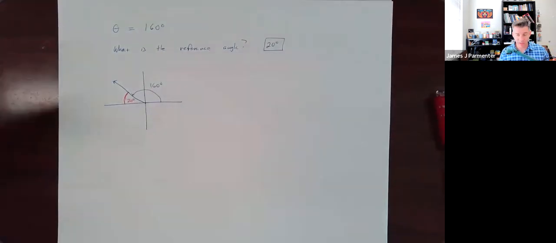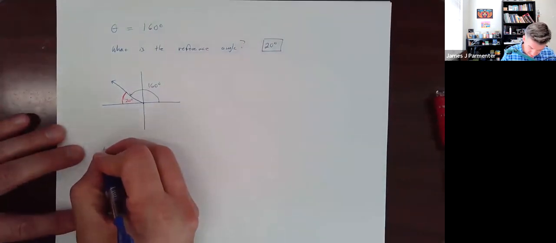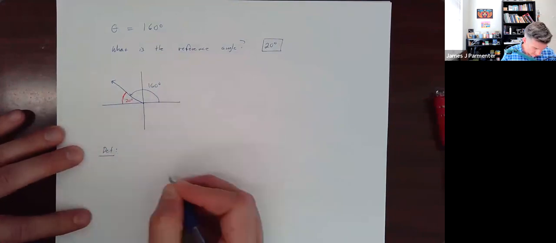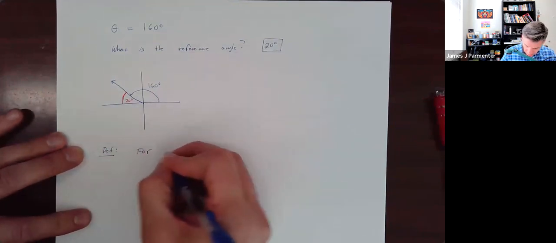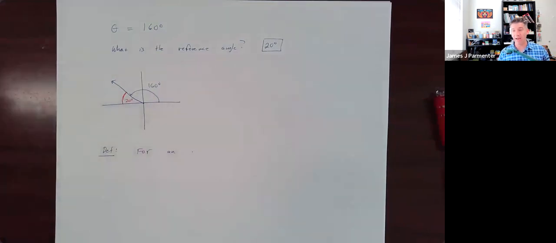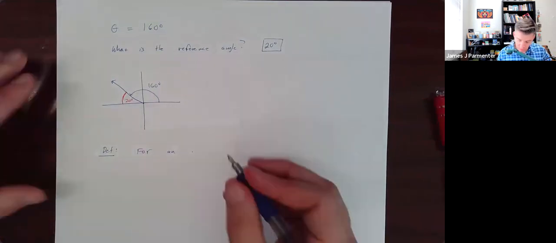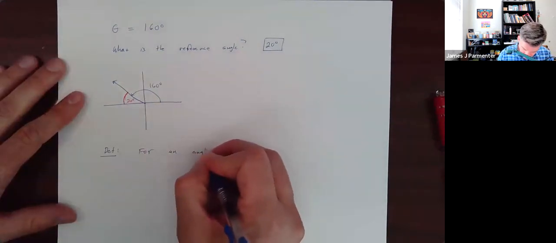So, and we can write a definition if we want. So reference angle definition is going to be, it's kind of long, whatever. I'm giving you definitions because I feel like I owe them to you, but you just have to have the idea of how it works.